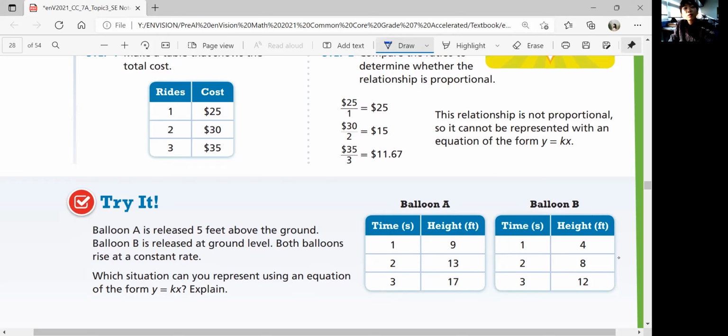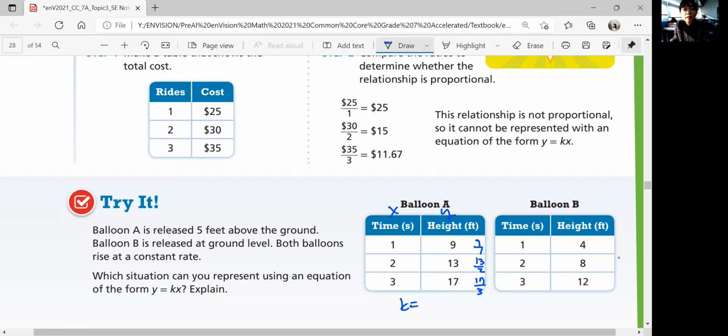All right, so first we need to see if they have the same constant of proportionality. If time is x, height is y, our ratios for balloon A will be 9 over 1, 13 over 2, 17 over 3. Do we have the same k?